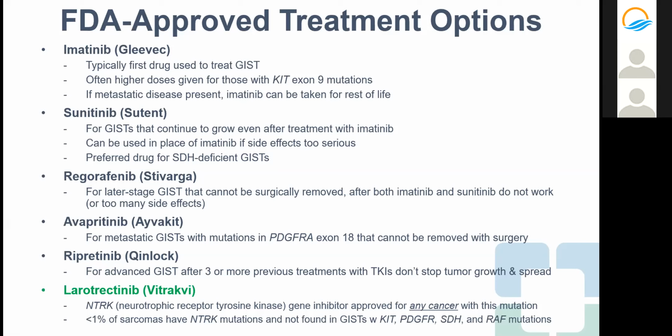The next drug up is regorafenib, and this drug, along with ripretinib, which is the last drug on the list, are both TKIs that are generally reserved for more advanced or late-stage GISTs, in which treatment with imatinib, sunitinib, and other TKIs has been attempted without success.